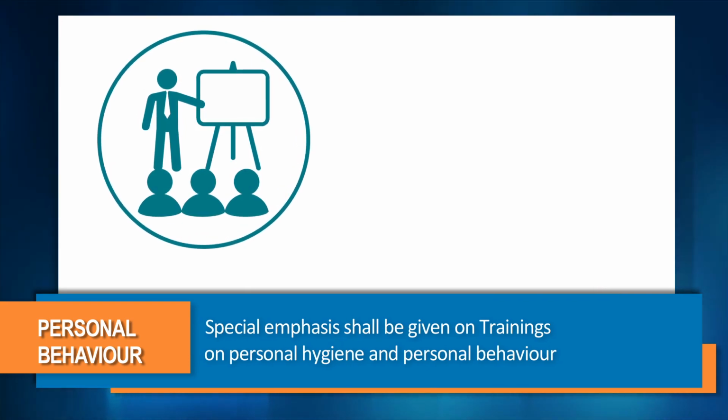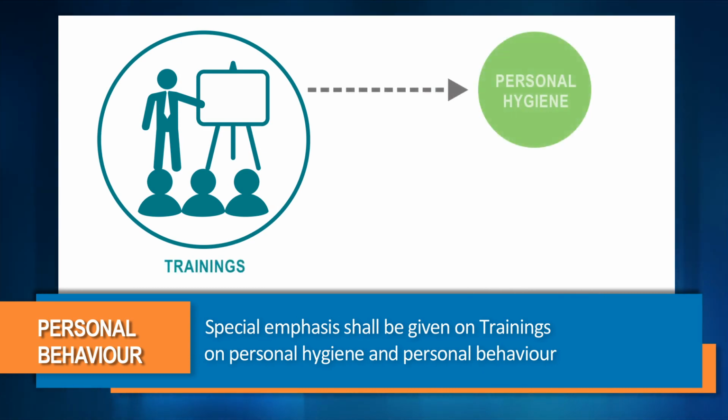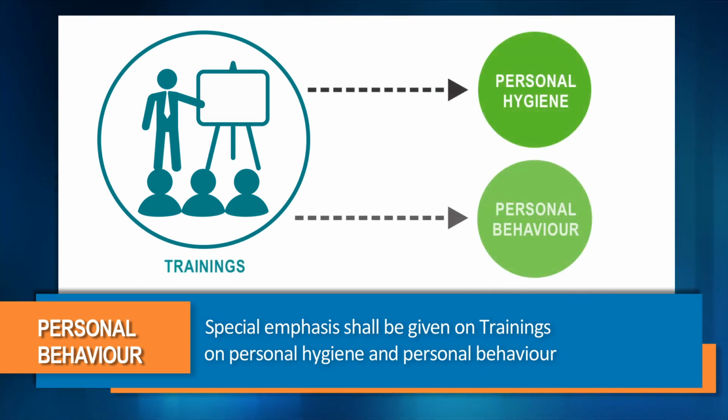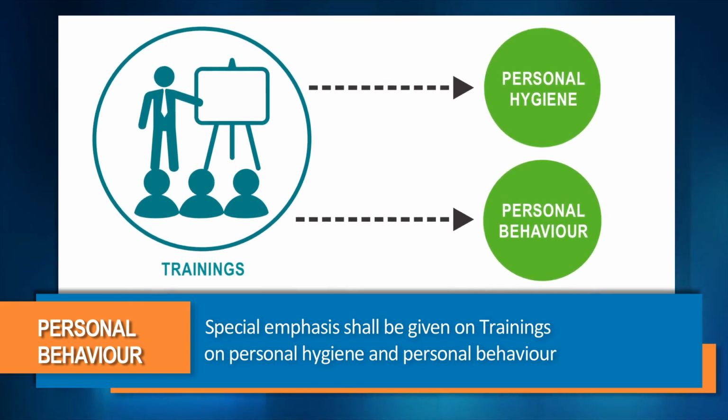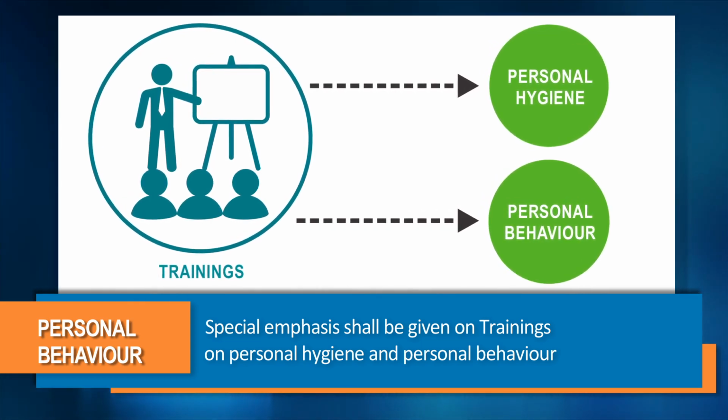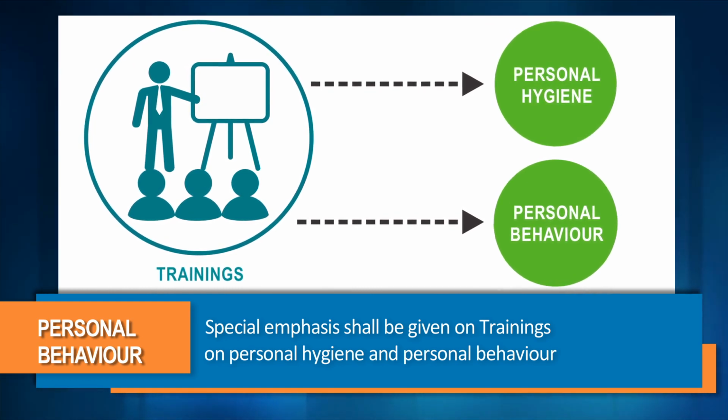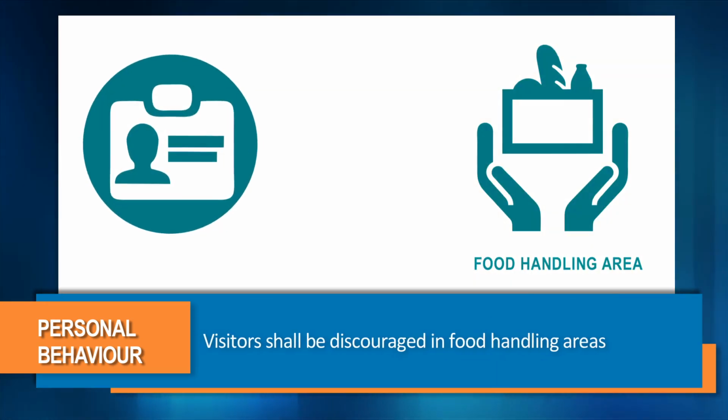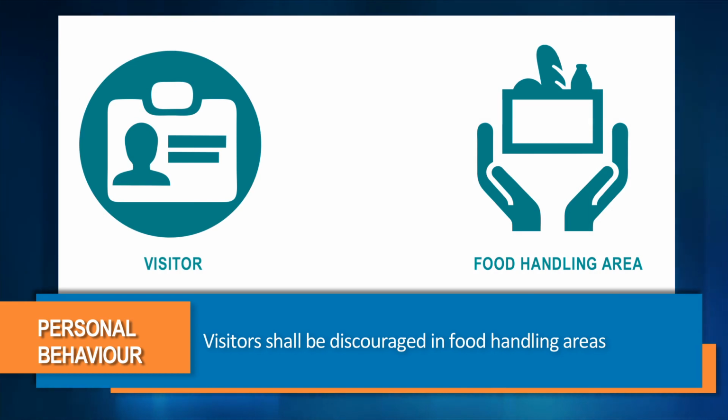Special emphasis shall be given on the trainings on personal hygiene and personal behavior to the food handlers, as it is necessary to constantly improve their behavior towards food safety. As far as possible, visitors should be discouraged in food handling areas.